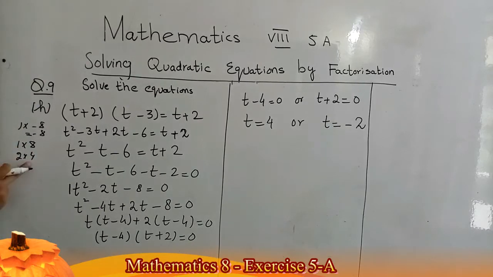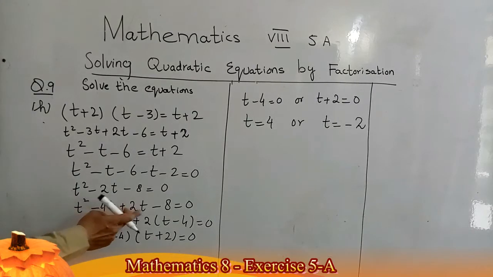So I will take these two as factors of 8, because minus 4 plus 2 is equal to minus 2, that's the middle term, and their product is minus 8. So I will take minus 4 and 2 as the coefficient of t. So the equation becomes t square minus 4t plus 2t minus 8.